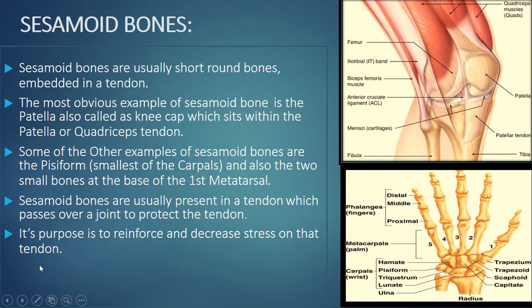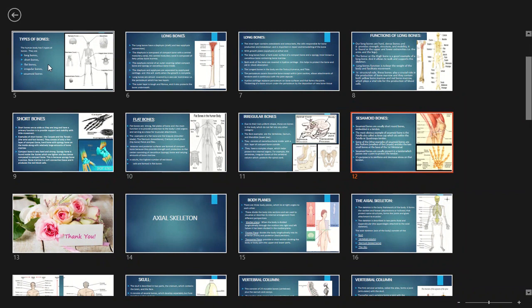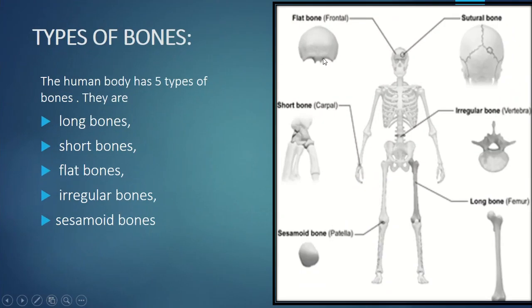So far we have discussed the long bones, short bones, flat bones, irregular bones and the sesamoid bones. I hope you got a good idea about all these bones.